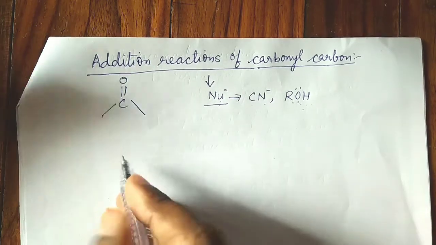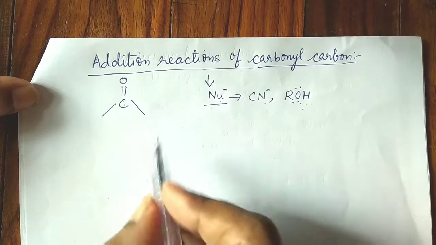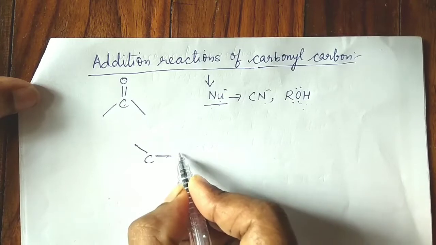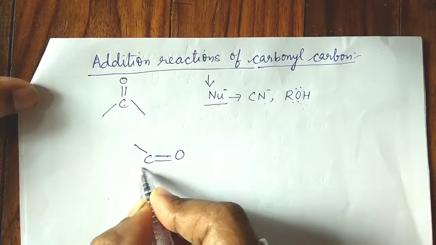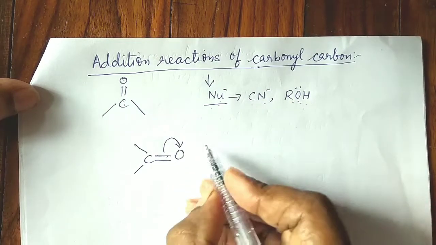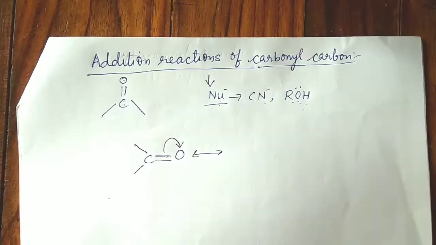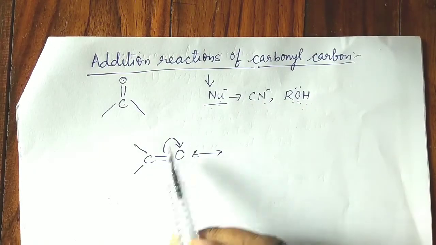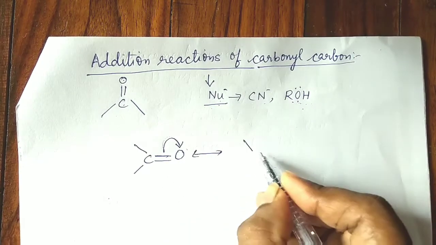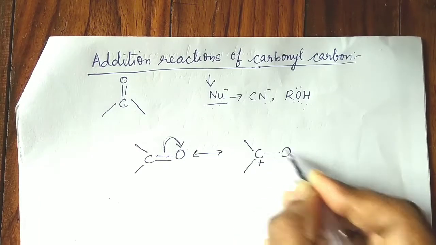So how does the reaction take place? You know that the carbon and oxygen bond is polar in nature, and because of delocalization of the pi electron on oxygen, so this is the carbonyl carbon, delocalization of the pi electron takes place, due to which carbon develops a positive charge and oxygen develops a negative charge.